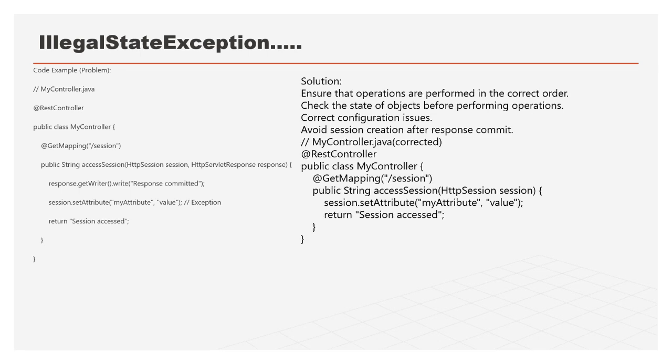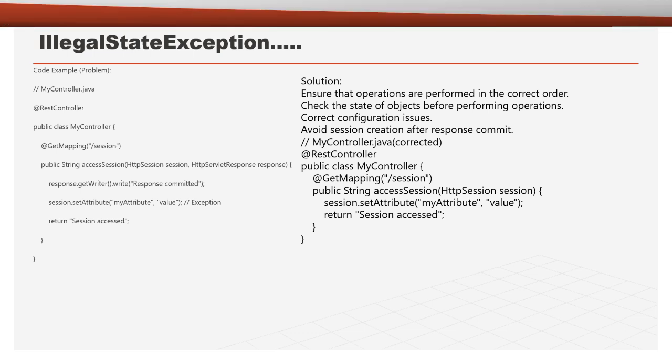So always check that your operations are performed in the correct order. In this example, the sequence was not properly done. Second, check the state of the object before you try to perform operations. So always check that particular state. Third, always do the correct configuration.